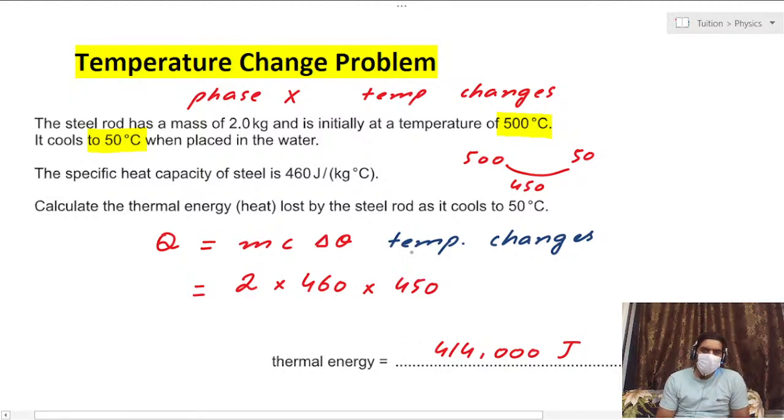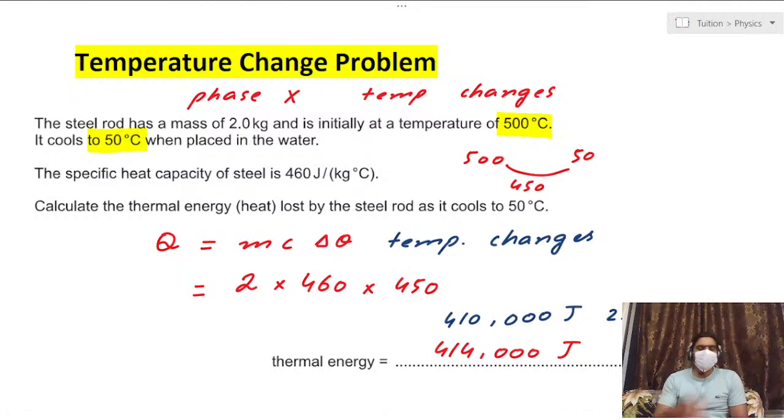If you want to write in 2SF, you can, but the marks would not be deducted in this paper. But in paper 4 in A-level, you have to be careful with the significant figures. So if you're writing in an accurate number of significant figures, then that would be your answer.